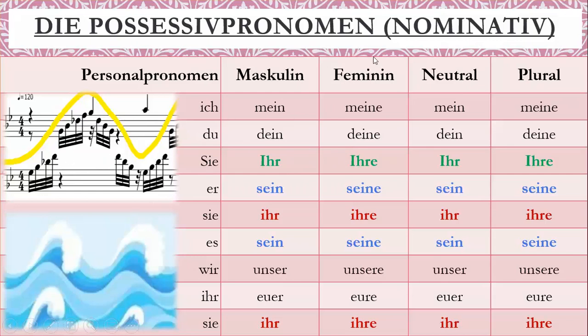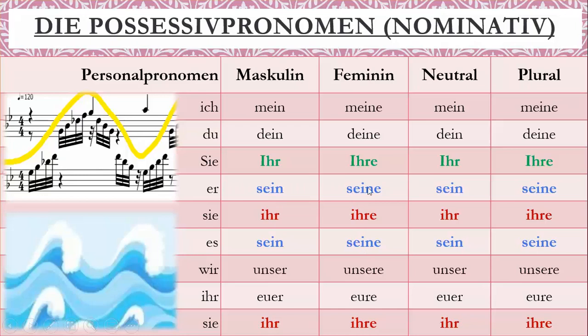Mein, meine, mein, meine. Dein, deine, dein, deine. Ihr, ihre, ihr, ihre, etc. And note that sein is the same for the personal pronoun er and es.